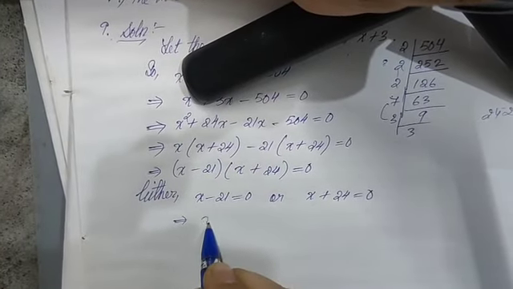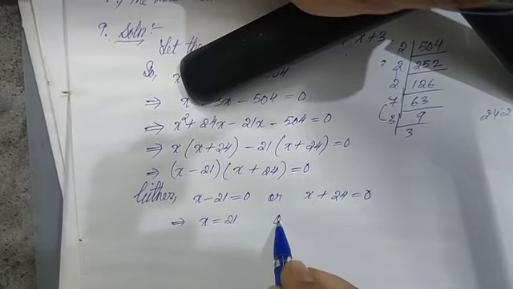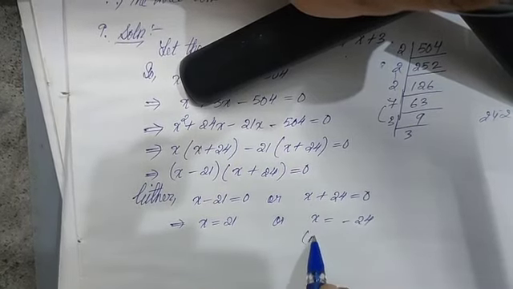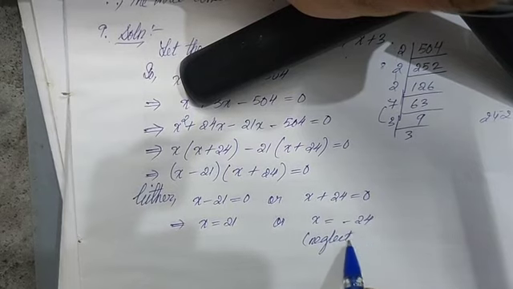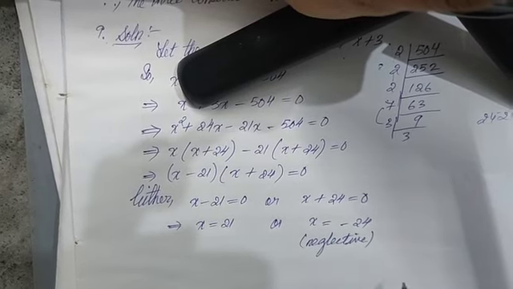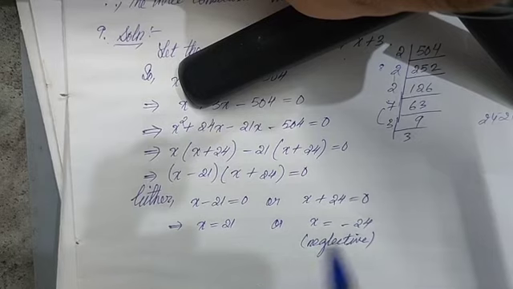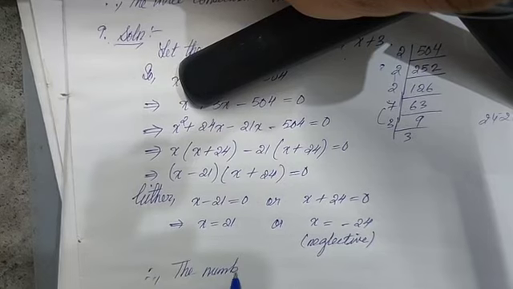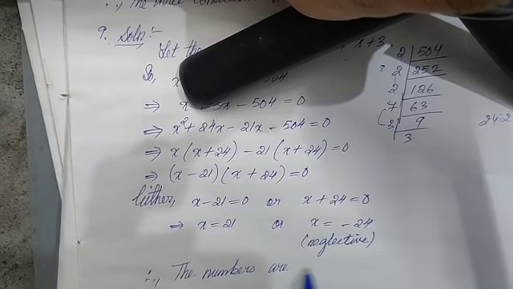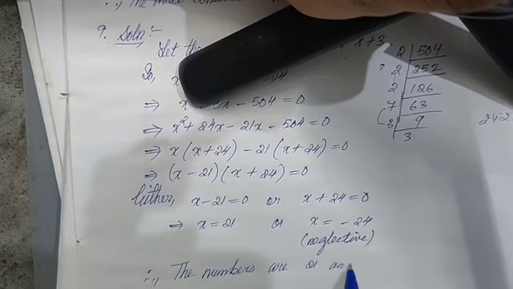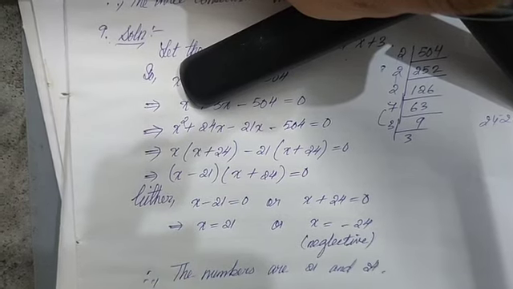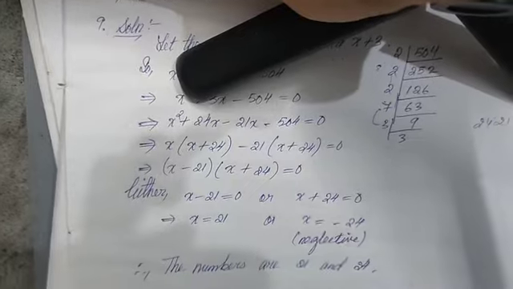So x is 21 or minus 24. We neglect the negative. Therefore the numbers are x, which is 21, and x plus 3, which is 24. The numbers are 21 and 24.